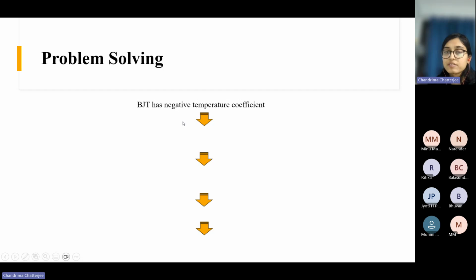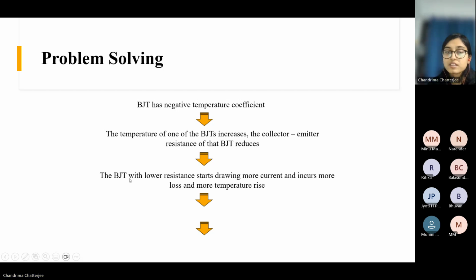So that's what I have written here. So the temperature of one BJT increases, the collector emitter resistance of the BJT reduces. The BJT with lower resistance starts drawing more current and incurs more loss, and in turn, the temperature again rises.